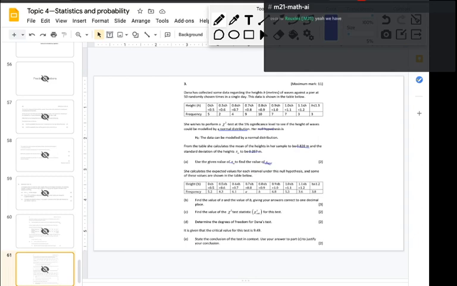This time I want you guys to try to calculate it with the formula. Okay, so that's correct.